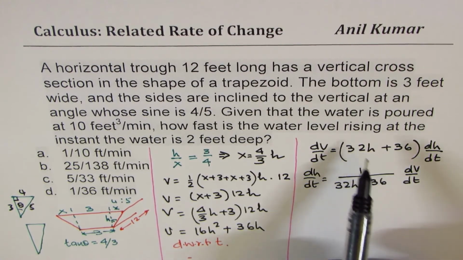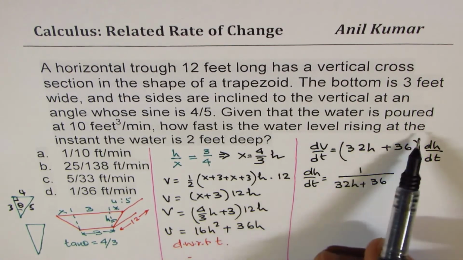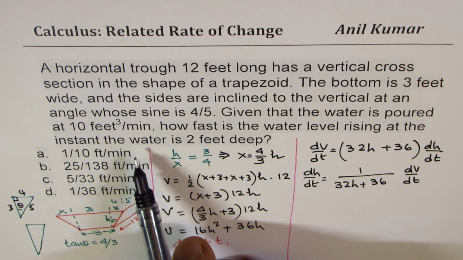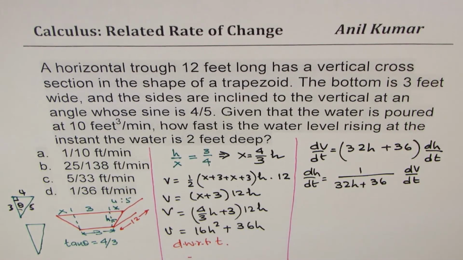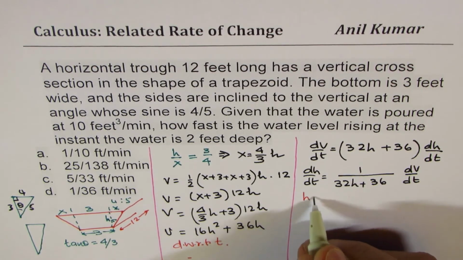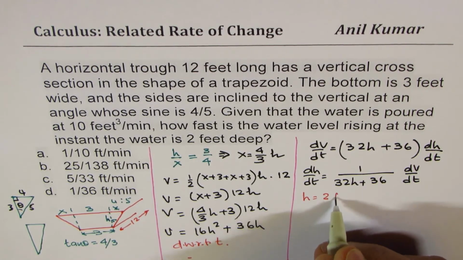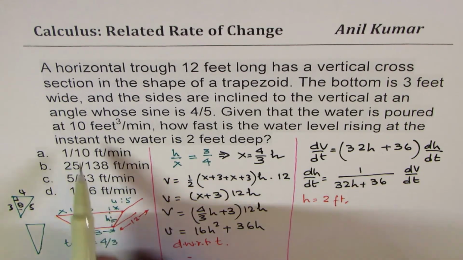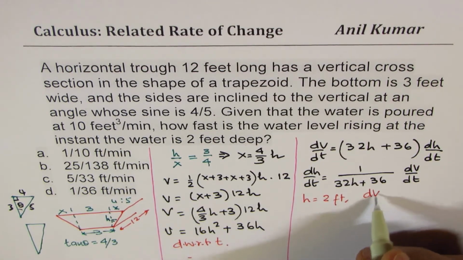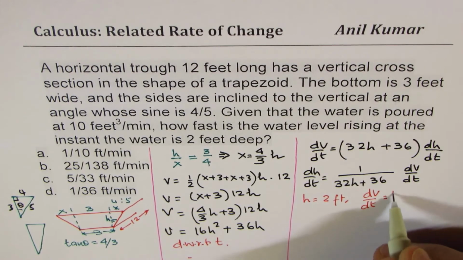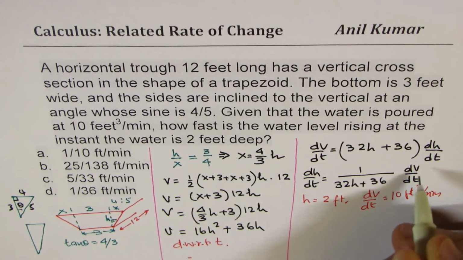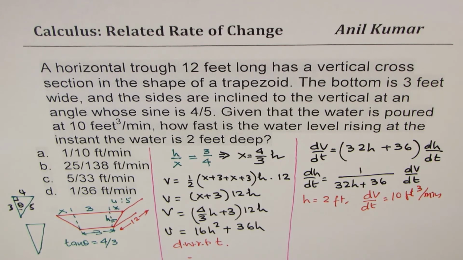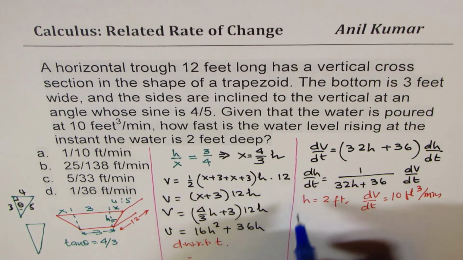Now we need to find the rate at which the water level is rising at the instant when the water is 2 feet deep. That means when height is 2. So we're looking for h of 2 feet, and the rate of change of volume is given to us as 10 feet cubed per minute, right? So let's substitute this value to find the required rate of change in height.